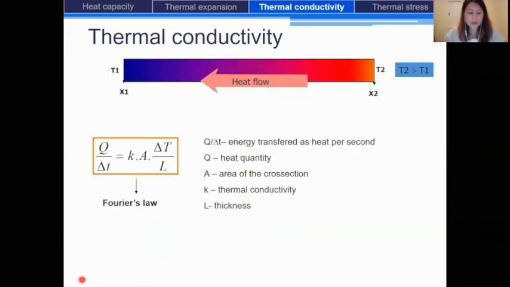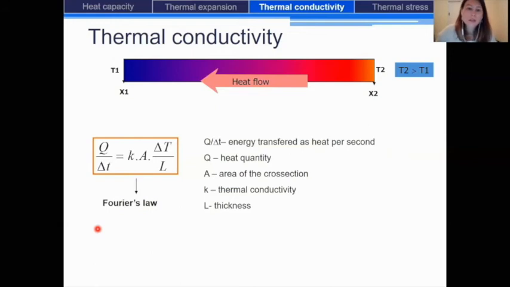So we can integrate this equation and represent the thermal conductivity through Fourier's law, and it is quite similar to the first Fick's law that represents atomic diffusion.